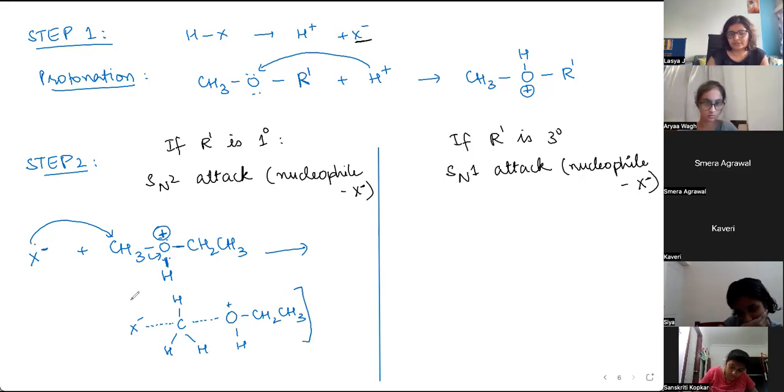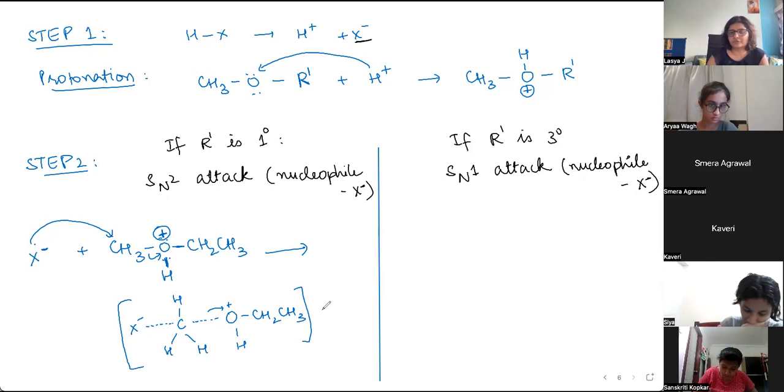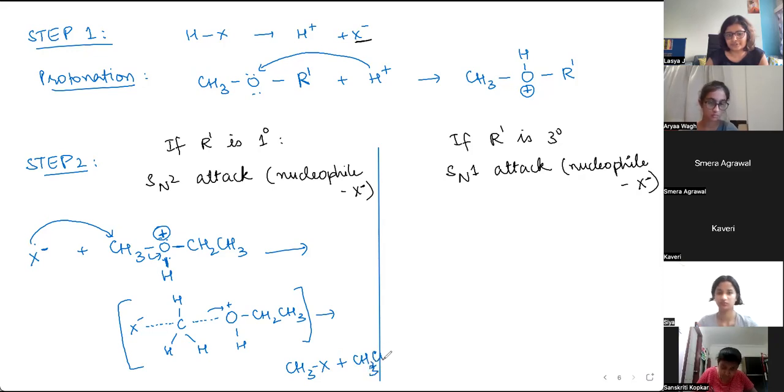So this is the intermediate that's formed. It's pulling these electrons. This is trying to form a bond with this. So your final product, once the bonds break and all of this gets settled, you have CH3X plus CH3CH2OH.